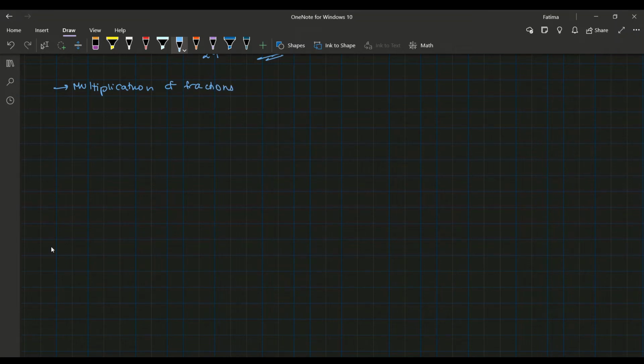So let's say we're given the number 2 by 3 into 4 by 5. The way multiplication with fractions works is that you multiply them as they are. You multiply the numerator of one with the other, and then you multiply the denominator of one with the other.